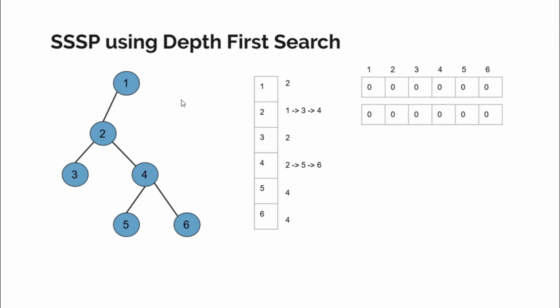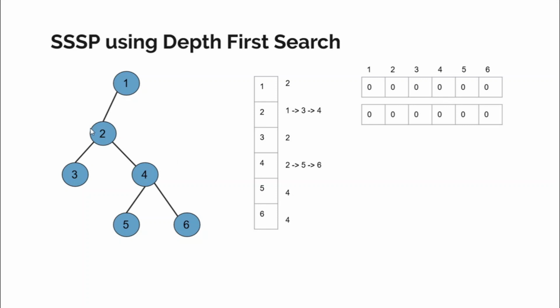Suppose the graph is this. SSP using DFS would work only on a tree, not on a graph. So suppose this tree, and we are taking the source vertex as node 1. We have to find the shortest distance starting from node 1 to every other node.